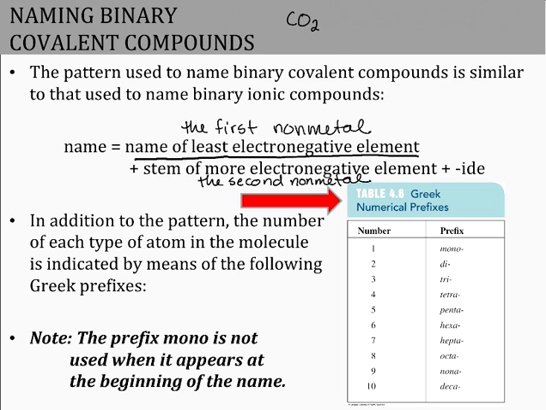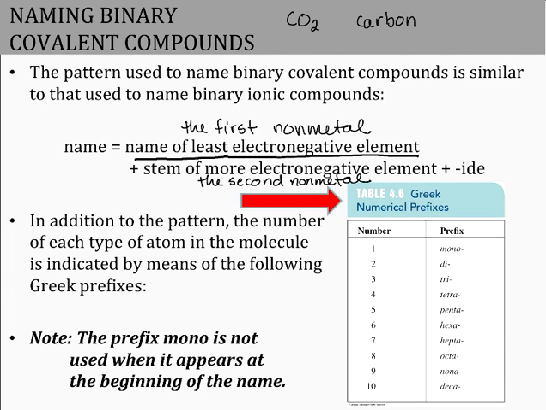So again, we're going to start by writing the first nonmetal name, which is carbon. And we don't have to change the name at all. And then we're going to name the second nonmetal as we would in a binary ionic compound.